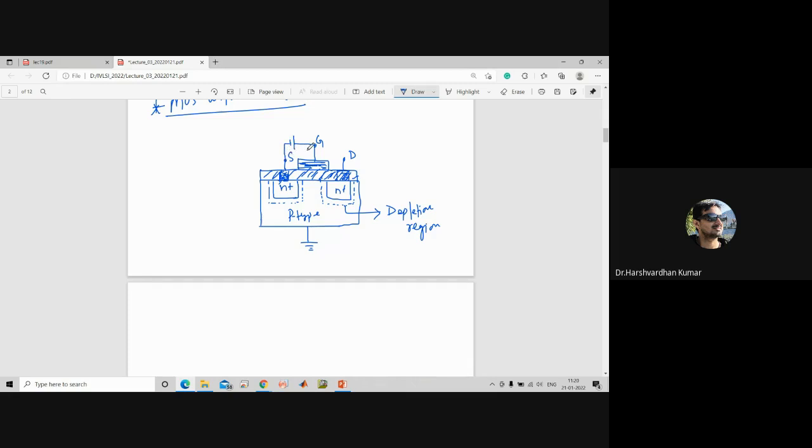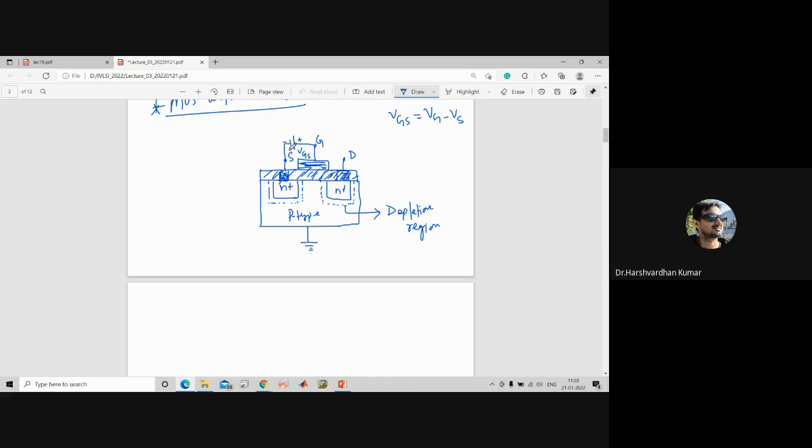Here we are connecting the positive terminal. This is known as VGS. VGS is equal to VG minus VS. It means the gate terminal is connected to the positive terminal of the battery, and the source side is connected to the negative terminal of the battery.